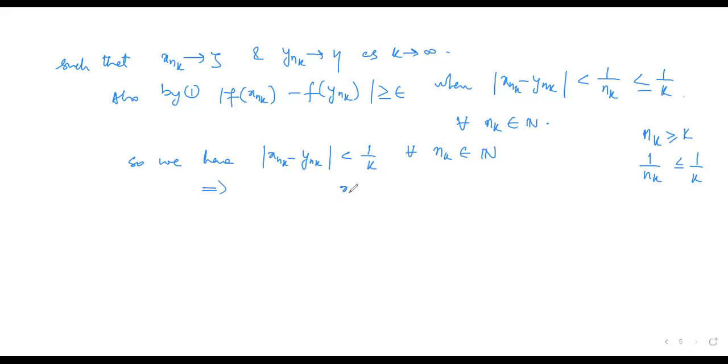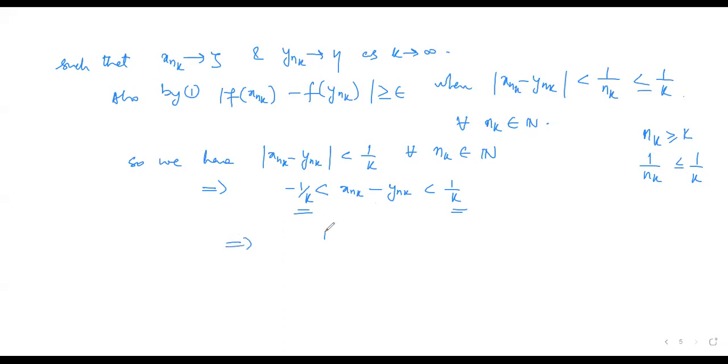वो क्या कि xn k minus yn k जो है, it must converge to 0 as k becomes very very large. अगर वैसे नहीं तुम कर सकते तो तुम ऐसे करो squeeze principle. तो इसका मतलब ये है. So then apply the squeeze on both sides. This converges to 0, this converges to 0, and they lie between them.